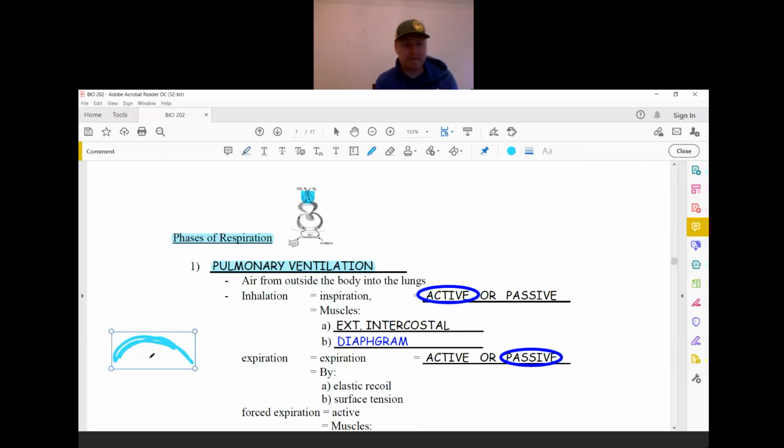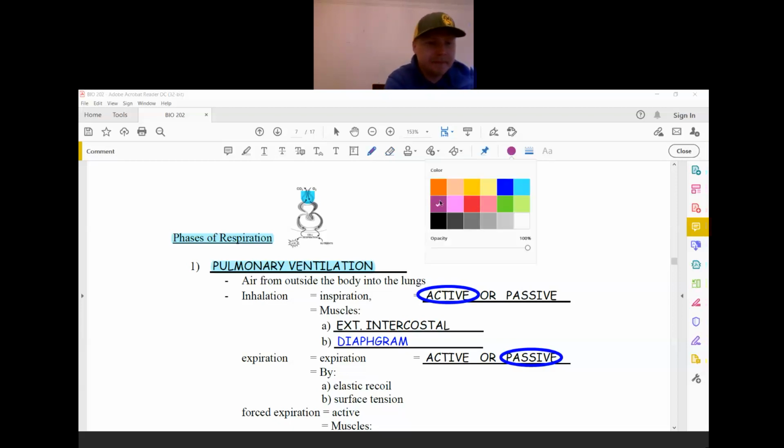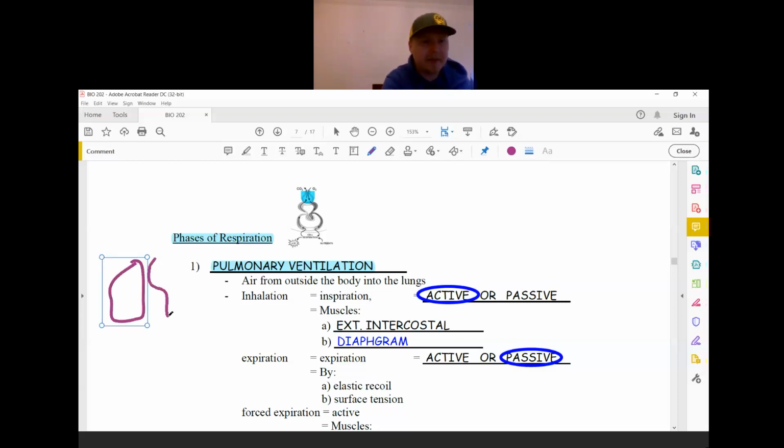Let's do that again together. So how does the air move? I'm going to draw lungs here. That's our right lung and our left lung. And as you are breathing in, I mentioned that that is the active part.